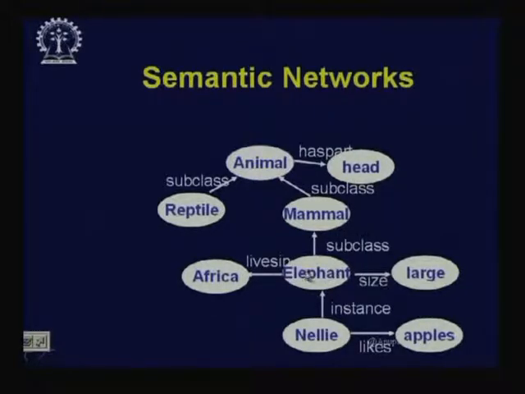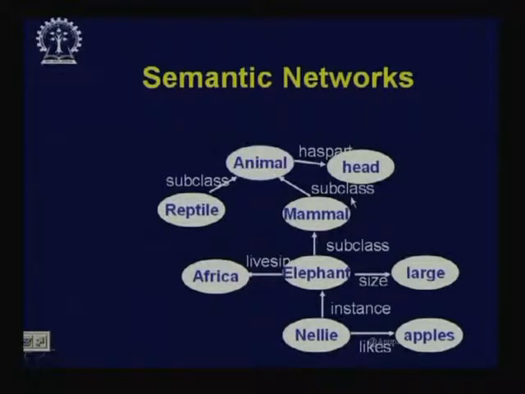So, I do not find the answer here. I go up one level higher. Elephant is a subclass of mammal, and I search for this; no, I do not have an answer here. So, I again go up to animal, and there I find that yes, animal has part head, therefore, Nelly has part head.